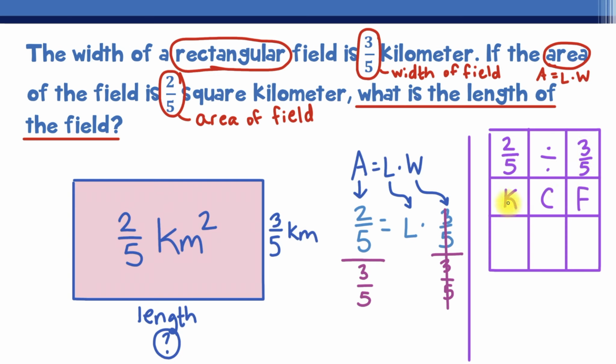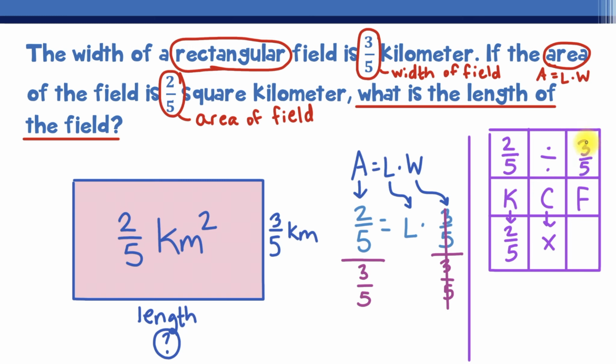And then we'll follow the rule. 2/5 is going to get kept, so we're going to keep it the same and write it right down here. Next, we're going to change the division to multiplication. So we'll write multiplication right here. And finally, we'll flip 3 over 5.